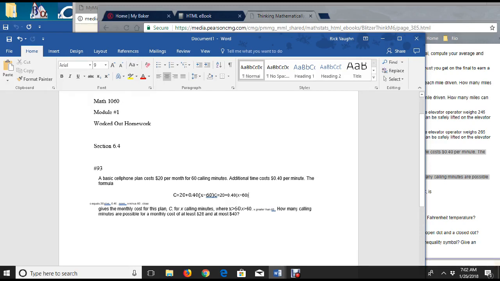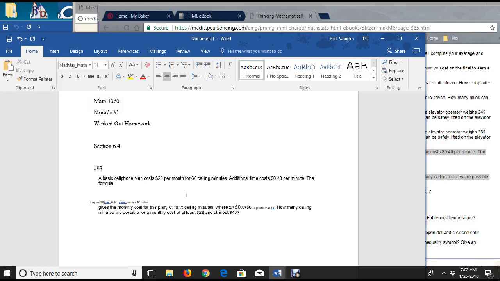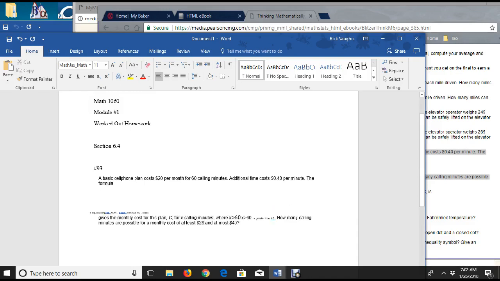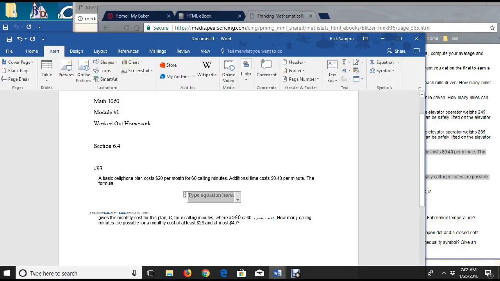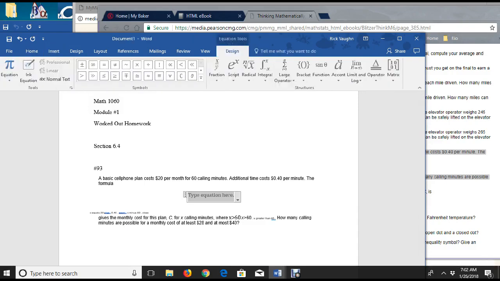So I'm going to delete the part that has the formula that we're going to work with, and instead I'm going to typeset this myself using the equation editor. If you haven't used it before, I think most of you said you have, but if I go up to Insert and Equation, then I can type the same thing.